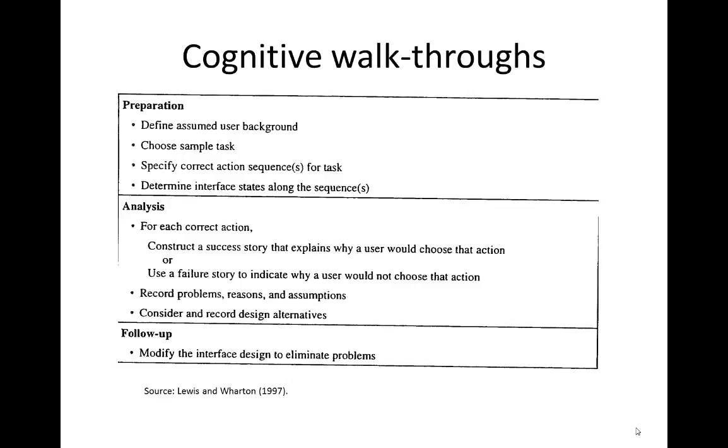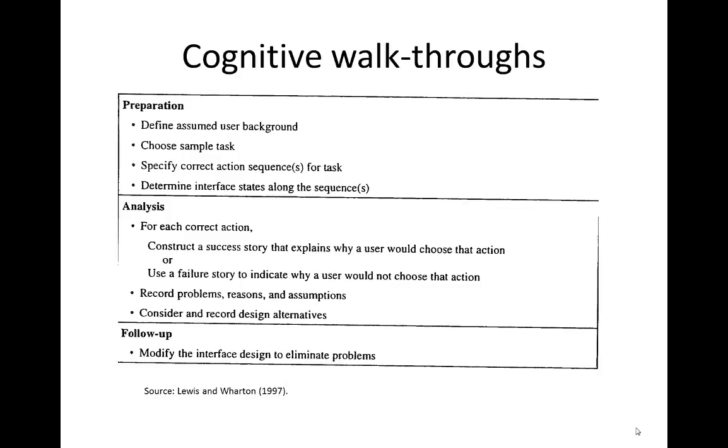Alternative approach, Lewis and Wharton, 1997, a cognitive walkthrough. In this case, you go to your cabinet of hats and you decide that you're an old lady from Burnley or something like that who's got a task to do, or you're a school kid or whatever.